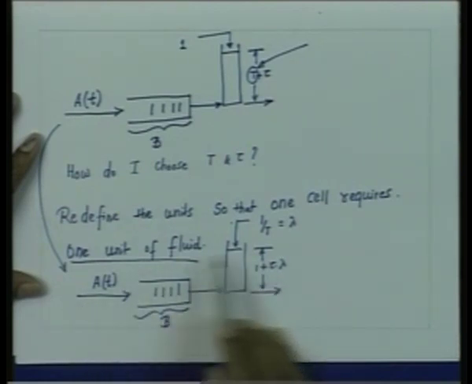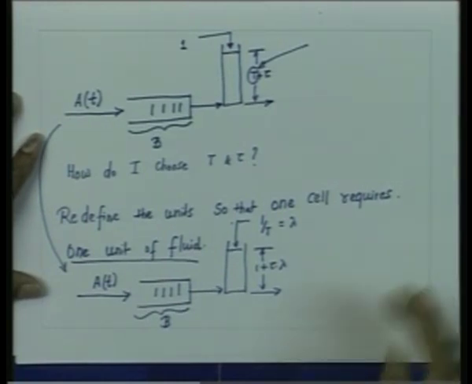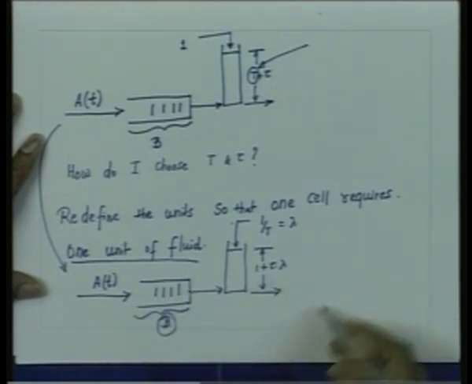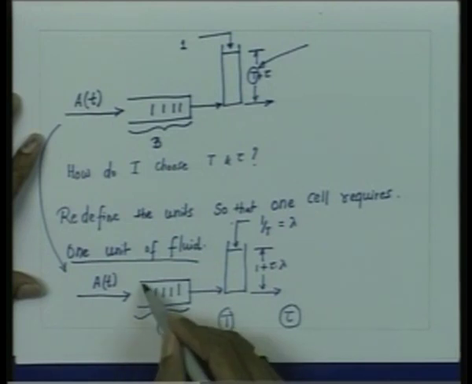So we have redrawn this picture, and our problem now in this picture is to determine the value of B, that is how much cell buffer we should keep here, to determine the value of T and to determine the value of tau such that the probability of buffer overflow here is minimized.